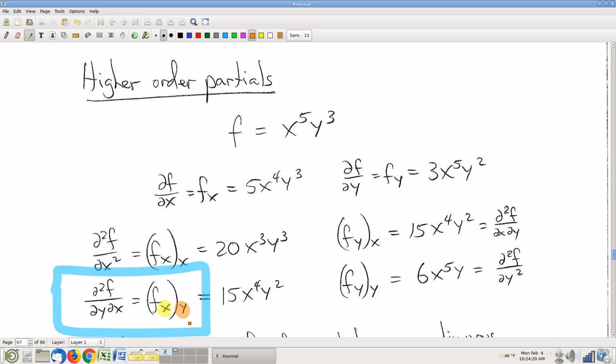In the Leibniz-like notation, let me write down, we're taking f. If we do the x partial first, and then the y partial after that, notice that kind of suggests putting the partial x in the denominator on the right and putting the partial y in the denominator on the left.